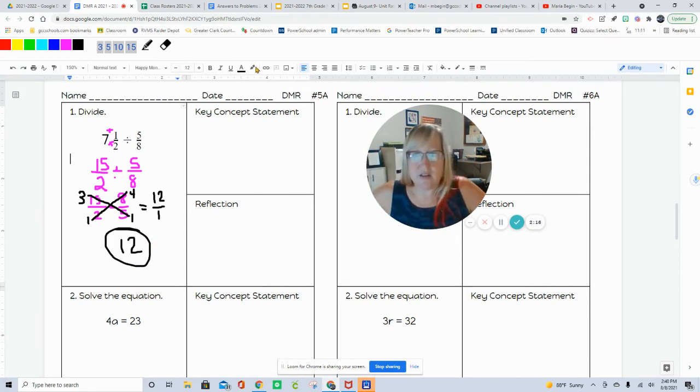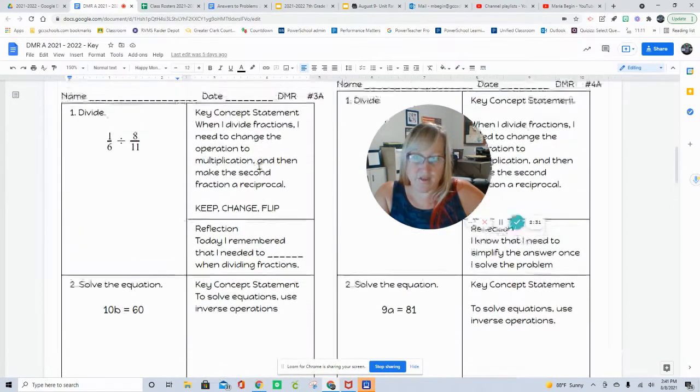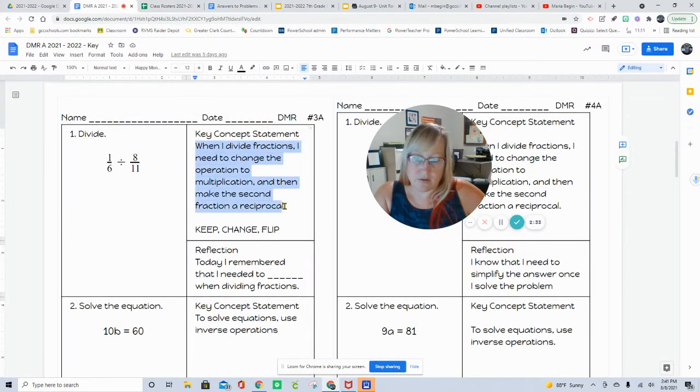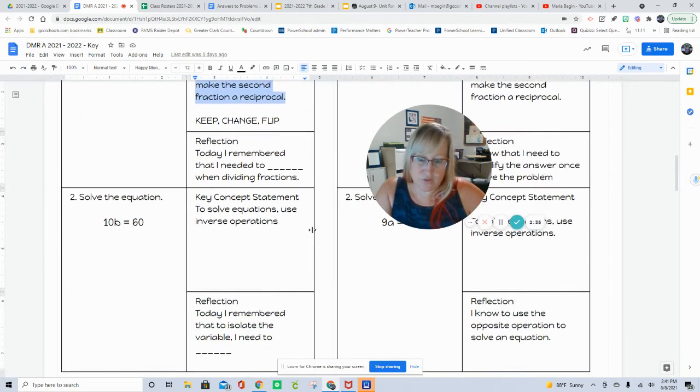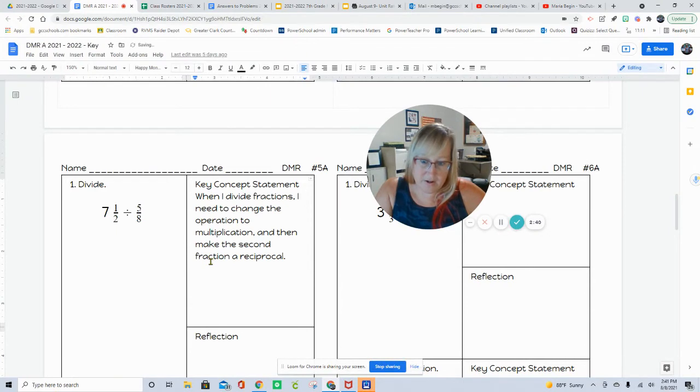All right, now we need to do our reflection, and we need to do our key concept statement. Now, the fact is, I do not remember the key concept statement, so I'm going to have to come up here and copy it so that you guys can copy it. There it is.